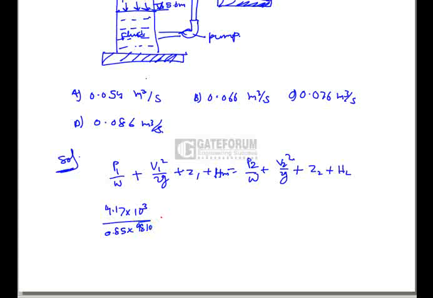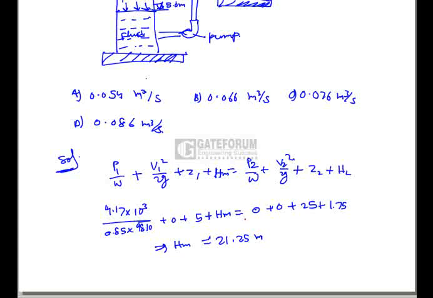Here velocities V1 and V2 are negligible, so Z1 is 5 and HM is the pumping head. P2 by W is 0, since there is no pressure applied at section 2, and V2 is 0 and Z2 is 25, plus head losses of 1.75. So from this equation we get HM is equal to 21.25 meter of the fluid.